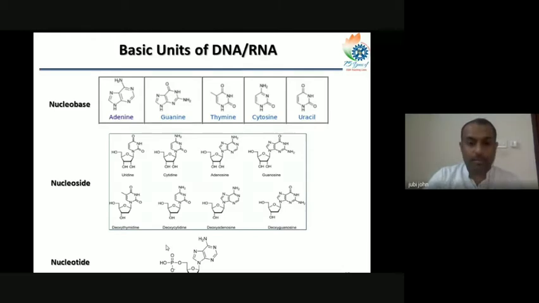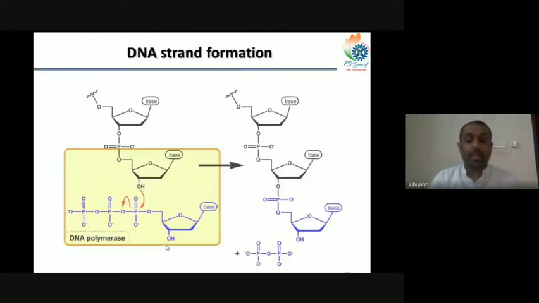So how is the DNA strand formed? To the 5' position of the nucleoside, 3 phosphate groups are attached. This is done by enzymes called phosphoryl kinases. Then the hydroxyl group of a sugar moiety of a strand attacks the phosphorus atom and kicks out the diphosphate group, and the nucleotide becomes a part of this strand.